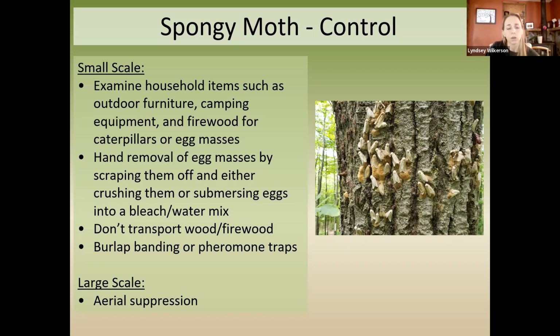Large scale, we're looking at aerial suppression, so using an airplane to actually dump a chemical out over an area that helps to protect the trees from the infestation. But that is a very costly thing, and we want to make sure that we're not targeting any other species if we're doing an aerial suppression.